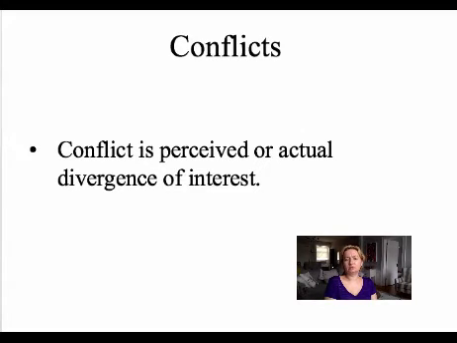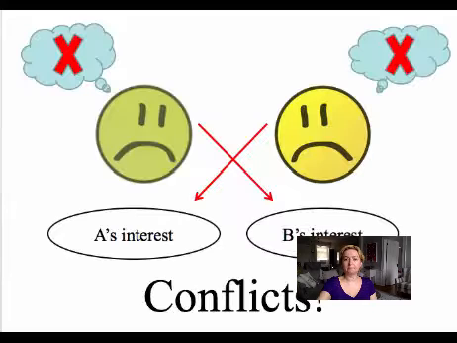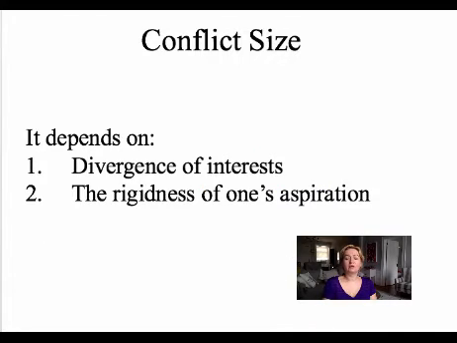Okay, so one of the most common definitions is that conflict is a perceived or actual divergence of interests. So party A has certain interests that are incompatible with the interests of party B. Conflict size depends on how divergent interests are and how rigid the parties' aspirations are.